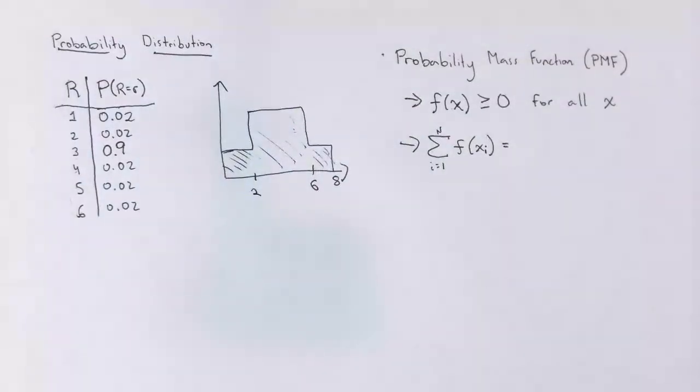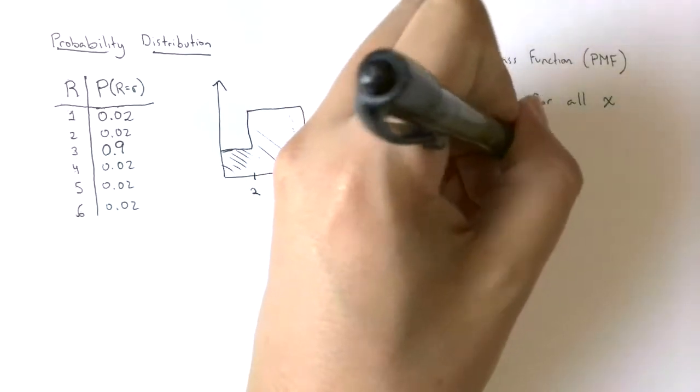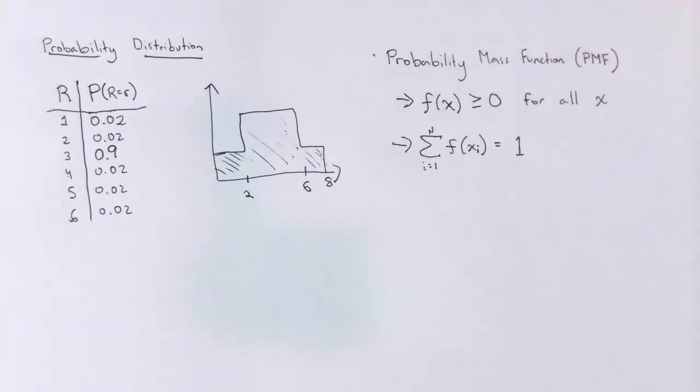What should that sum equal to for any random variable? We take all the probabilities of all the outcomes in any random variable and we add them up. Yeah, it has to equal 1, right? It has to equal 1 because that is my entire sample space.